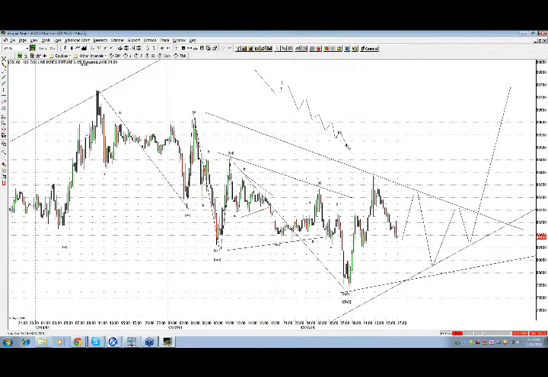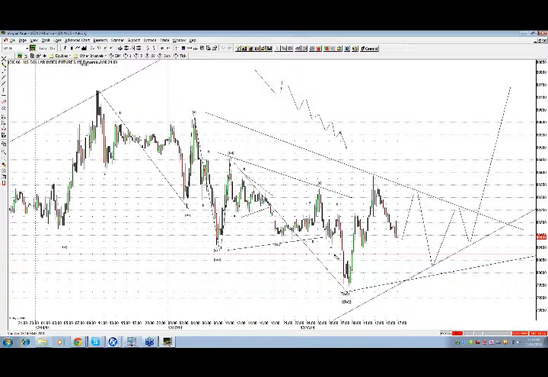In my view, you have, in conclusion, 1, 2, 3, 4, 5, 6, 7, 8, 9, 10, 11. So a definition of the double zigzag or a leading diagonal. So in the short time frames, all I have to say, you guys, is a very, very tough market to call.